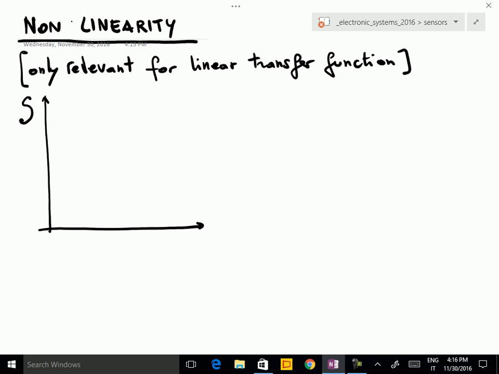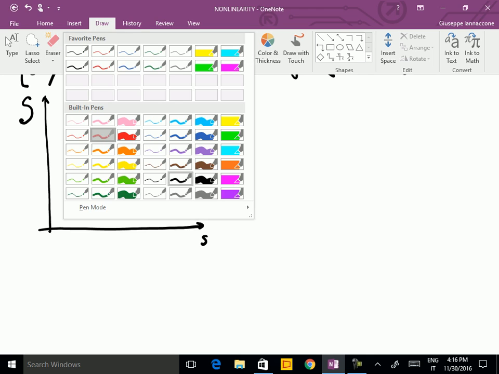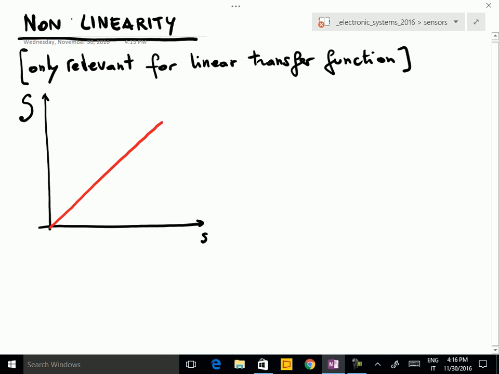But let's consider the situation of a linear nominal transfer function. So this is the nominal transfer function, and it is perfectly linear.